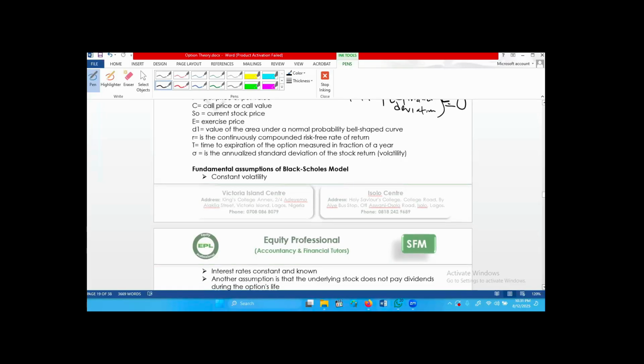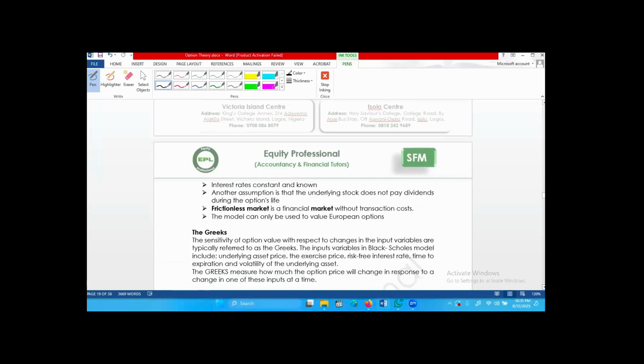What are these assumptions? One, interest rates are constant and known. Number two, an assumption that the underlying stock does not pay dividends during the life of the option contract.